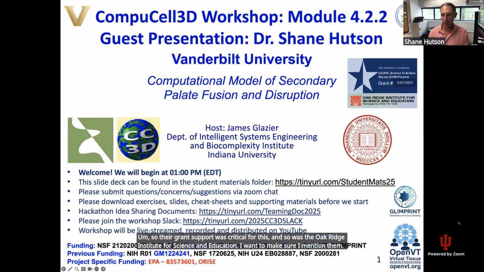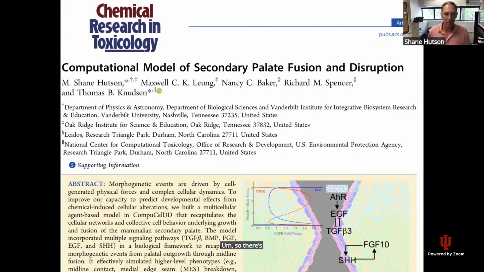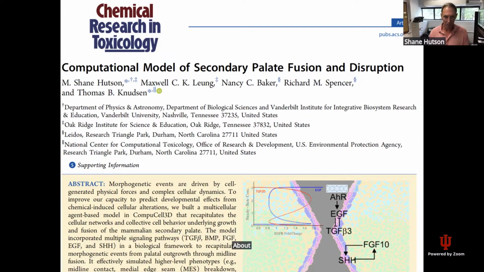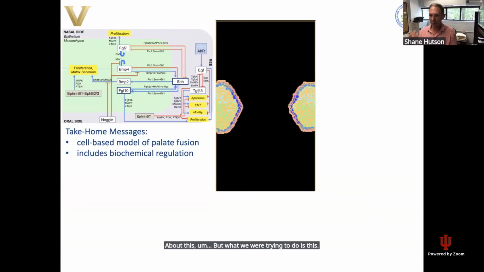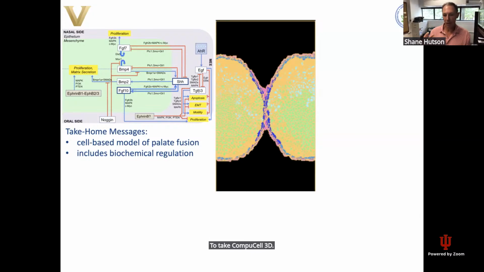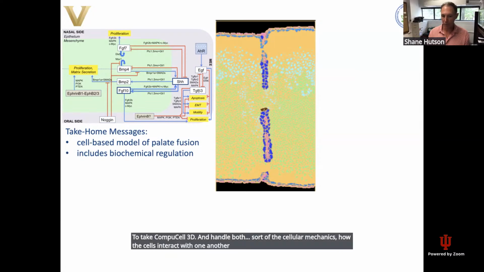All right, so what were we trying to do, and what did we get out of this model? So there's a paper published on it in Chemical Research and Toxicology. I invite you to go look at that. That'll give you all the details or any background you want to know about this. But what we were trying to do is this: to take CompuCell3D and handle both the cellular mechanics, how the cells interact with one another for multiple different cell types.